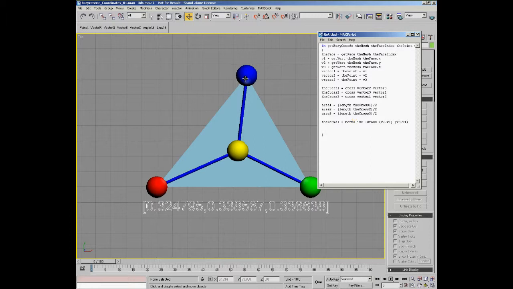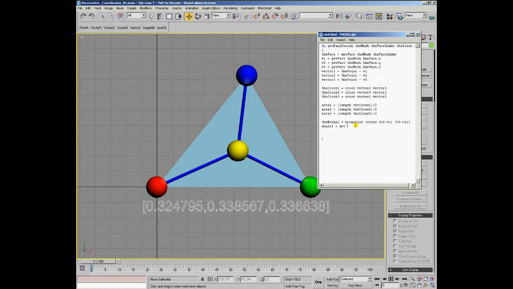This is basically taking two edges of the face and calculating the cross product, then normalizing it. Having this normal vector, we can check the angle between the cross products we calculated before for the small triangles and the actual face normal.